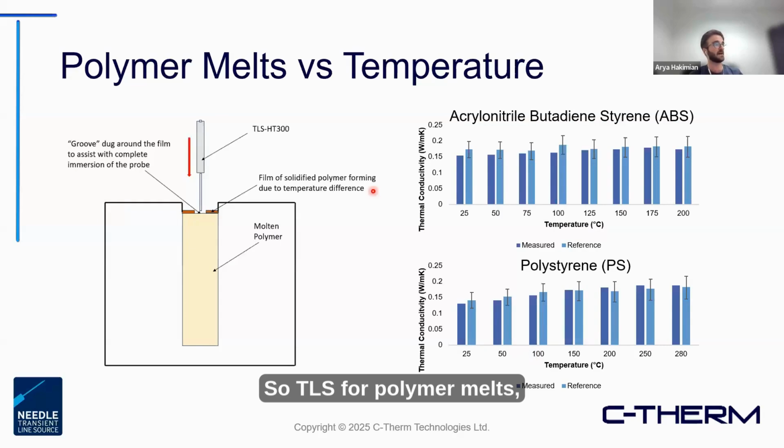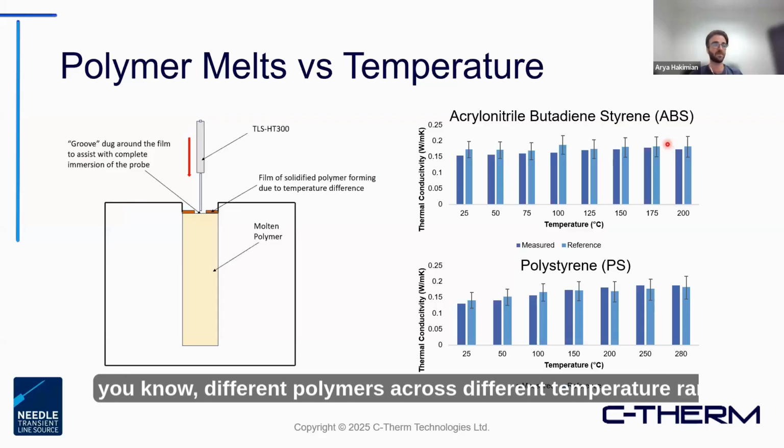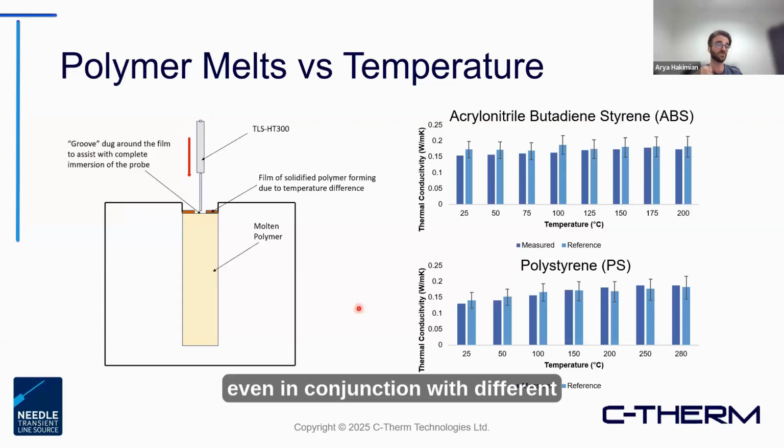So TLS for polymer melts is something that we've done quite a bit of work on, different polymers across different temperature ranges, even in conjunction with different pressurization and temperature. If you are looking for a robust sensor that has a very low risk of sensor damage, even in these harsher conditions, the TLS is a nice one to consider.